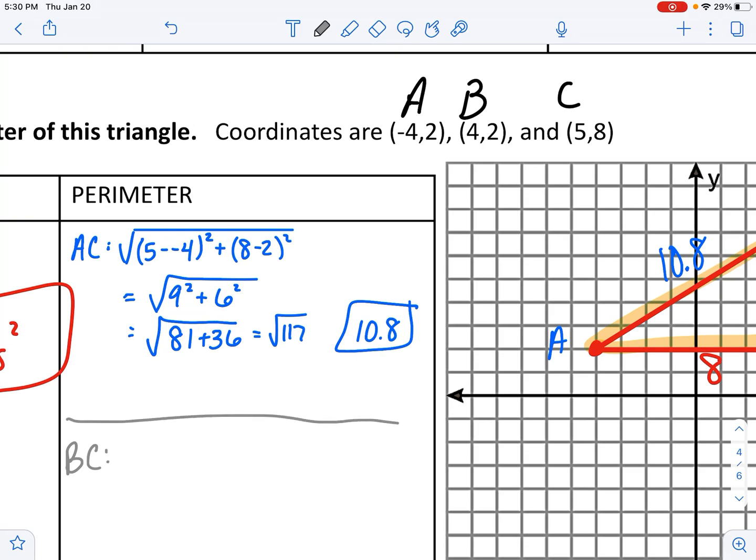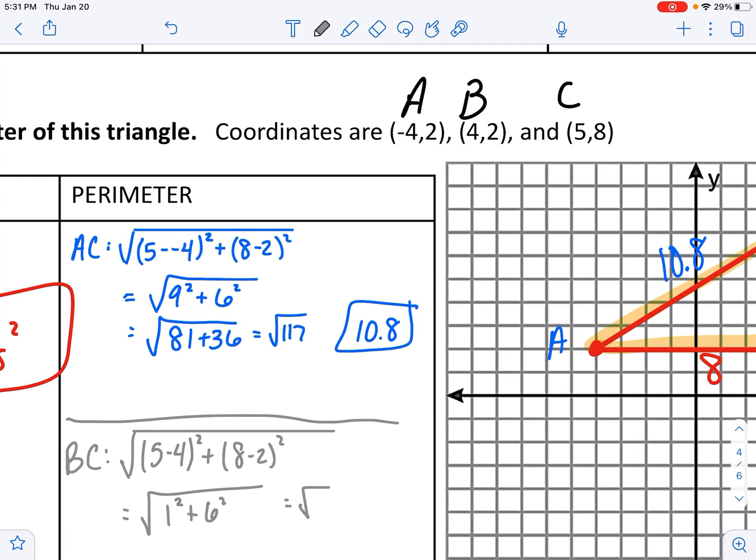And then if I find BC, I'll have the third side and I can find my perimeter, or the distance around the shape. So BC is 5 minus 4 squared plus 8 minus 2 squared, which is the same as 1 squared plus 6 squared, or the square root of 37.